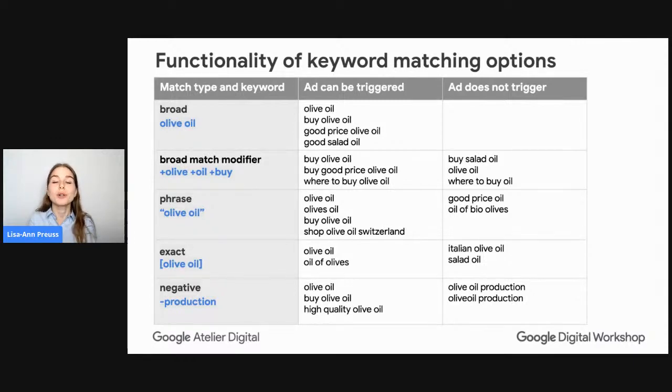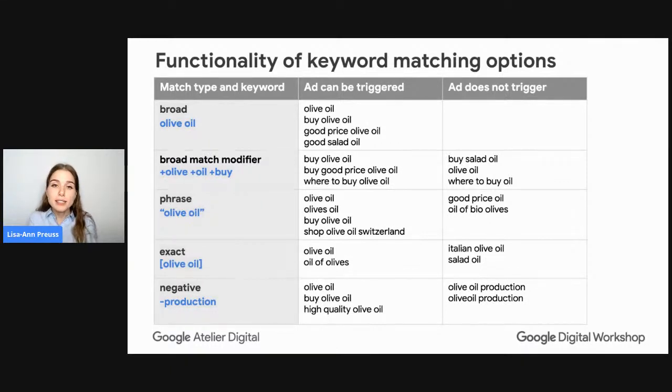First, we have broad match. Now by default, if you add a keyword, it'll be a broad match keyword, meaning that if someone searches for this term or a similar variant or a synonym, etc., the ad will be triggered. At least it can be triggered.